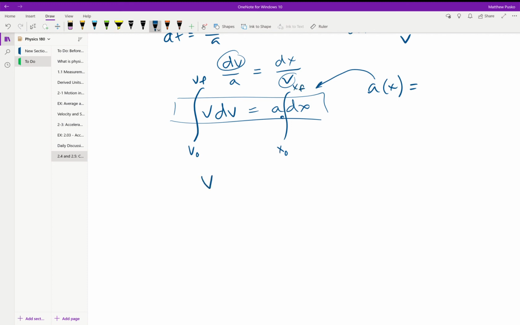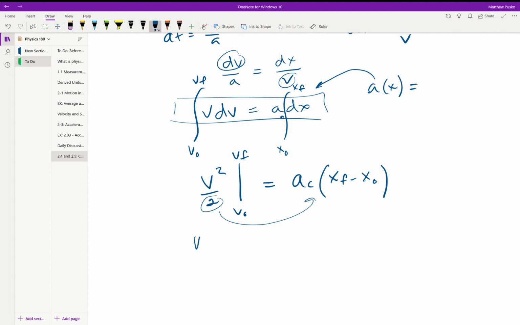So we get v squared over 2 when I integrate the left-hand side. And we still need to evaluate it from v naught to v final. On the right-hand side, when I integrate it, we still have a constant acceleration. And once we integrate dx, that gives us x, and then we can evaluate it to be x final minus x naught. The left-hand side, let's go ahead and throw this 2 over here first.